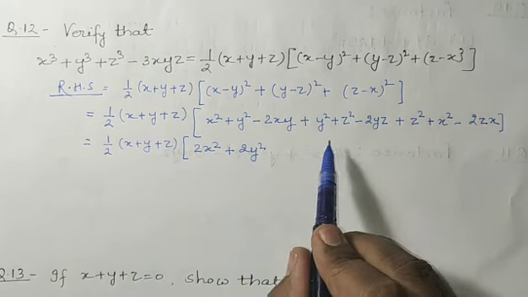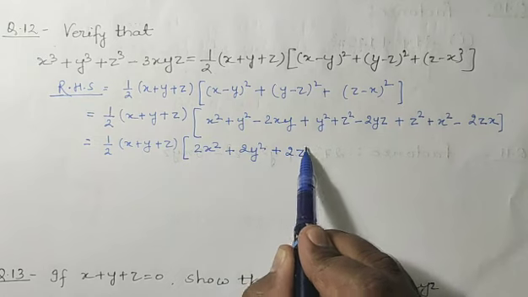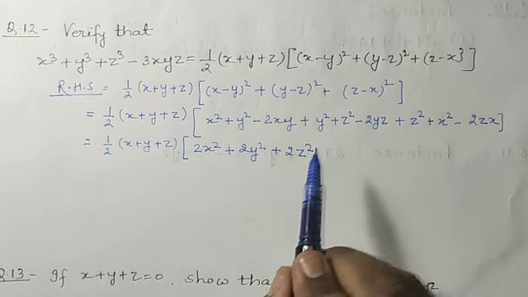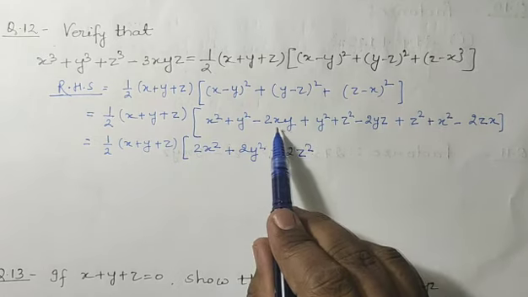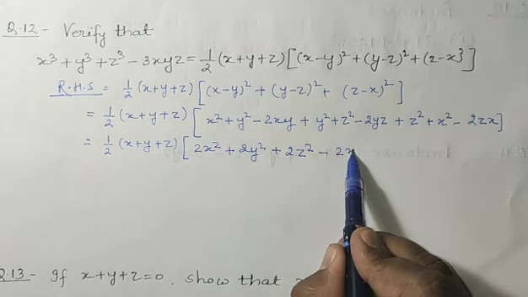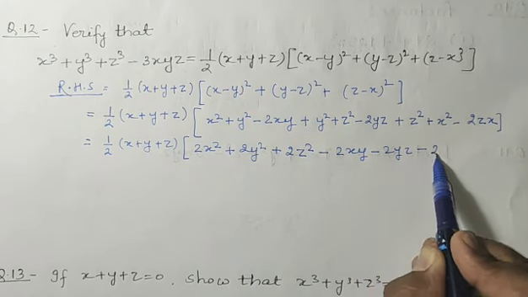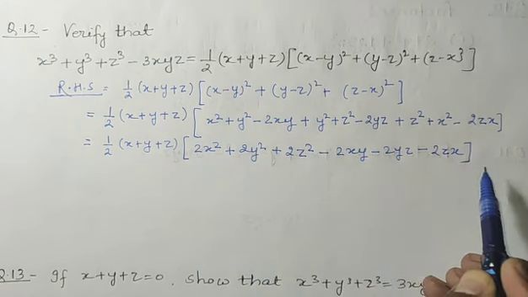Okay, now 1z square is here and 1z square is here, so it will be 2z square, minus, after that what the steps which are left you will write here, minus 2xy minus 2yz and minus 2zx.